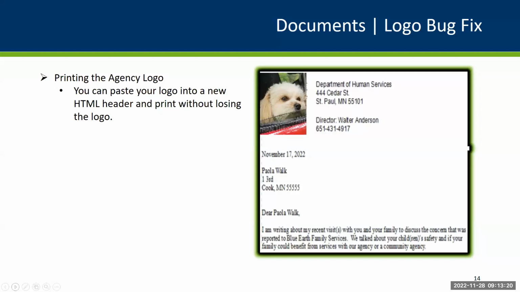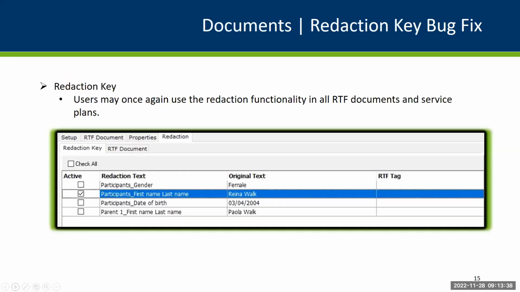And the image on the slide is just an image showing an agency logo that is now able to be printed when you add a logo to an HTML header. So this screenshot on the current slide is an image of the redaction key for the confidential information form 11.4.